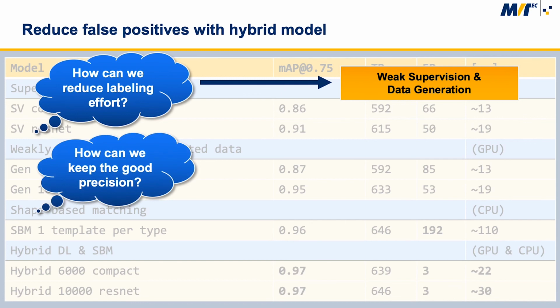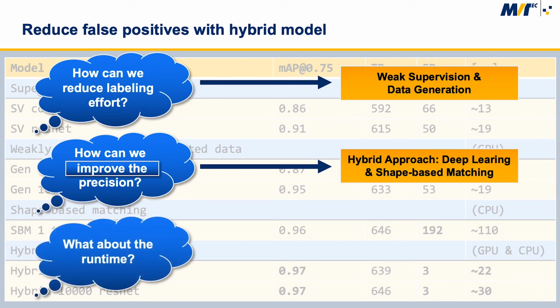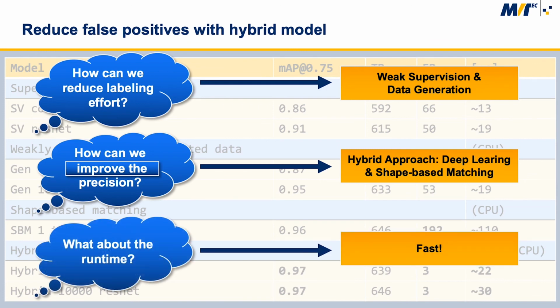And I think we have to rephrase this question. The question should be rather, how can we improve the good precision? And the answer was here that we can use in HALCON a hybrid model using first deep learning and then together with shape-based matching achieve the best possible result. And finally, I can answer the question of our product manager and tell him that our model is really fast.